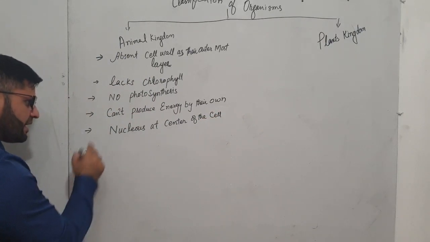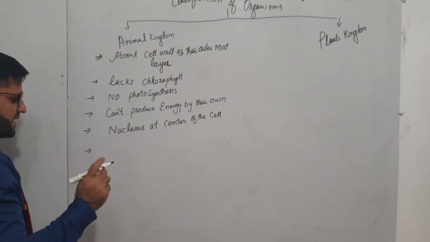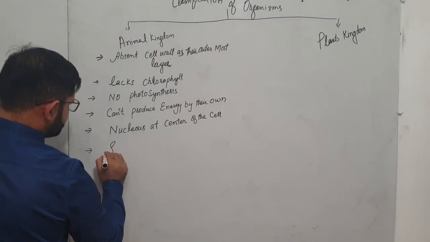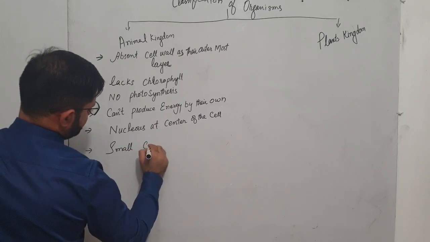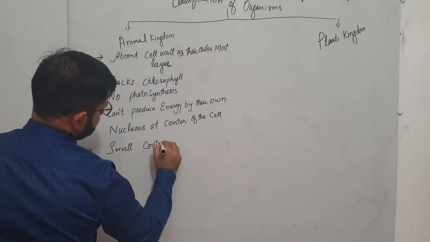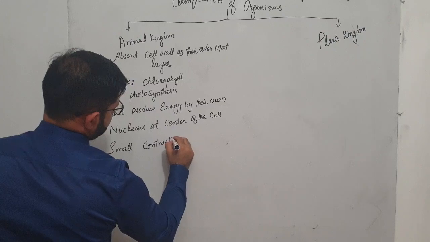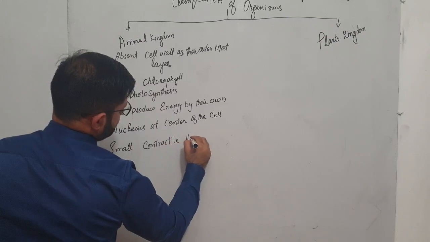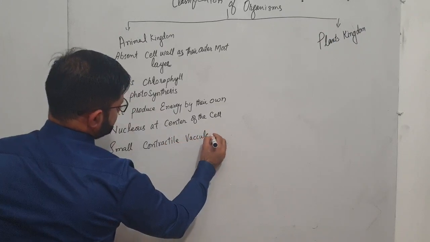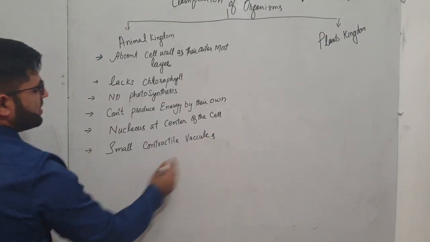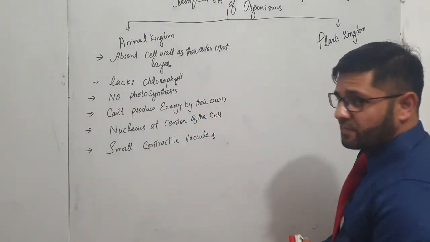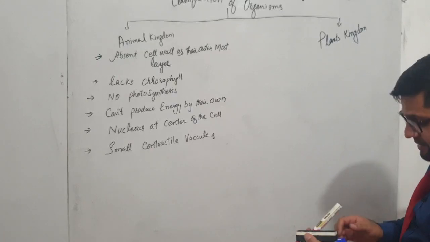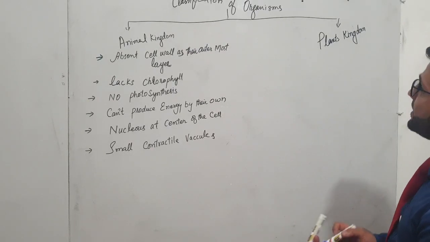Next, they will carry small contractile vacuoles. Other features are also present. Okay. Now, let's see about the plant kingdom.